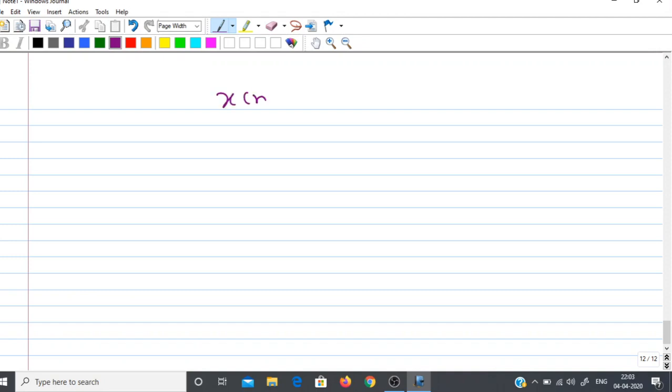If x of n is non-zero for n less than or equal to n naught as well as for n greater than n naught.